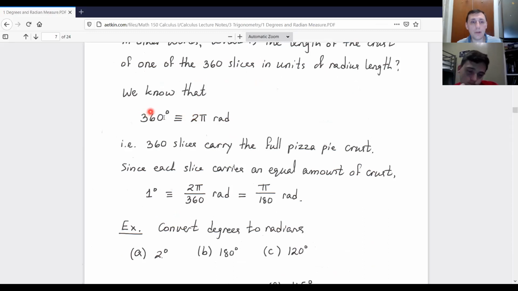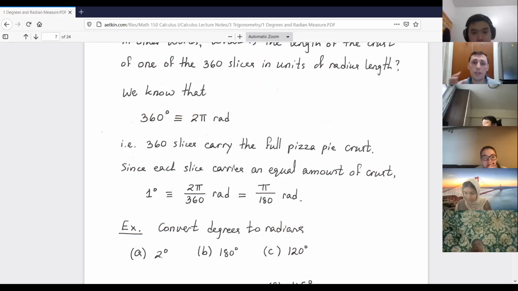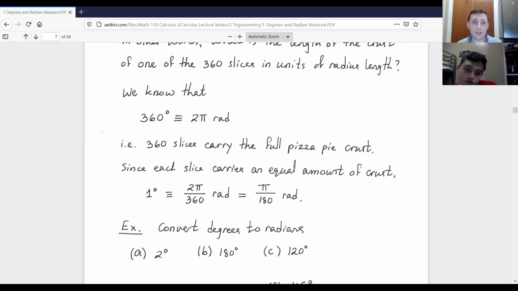So if 360 identical twins bring together 2 pi crust, how much is each twin carrying? I think of pizza slices as twins, as you understand, right? And each of them naturally carries 1/360th of the full quantity. So 1 degree, and I draw 3 lines because some people can be confused.